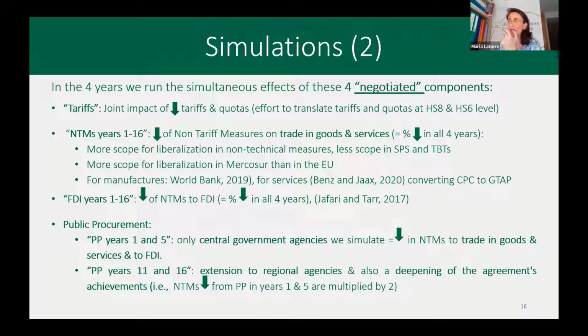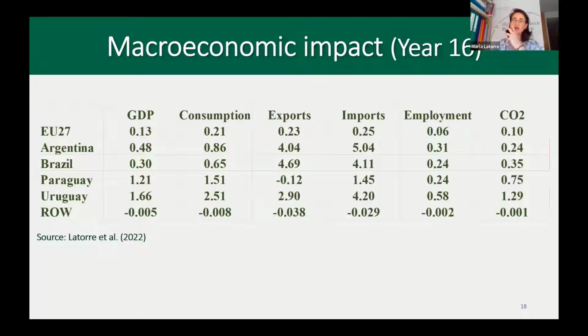And we also think this simulation is a way of capturing that agreements take time to develop, and more conservative NTM simulations, we believe we've been conservative in those reductions in the barriers, could be deepened in the future.